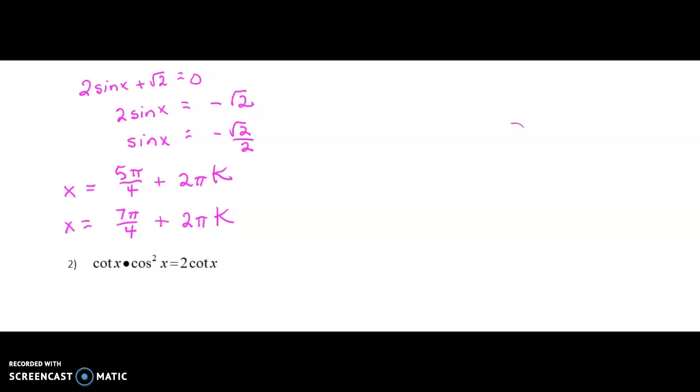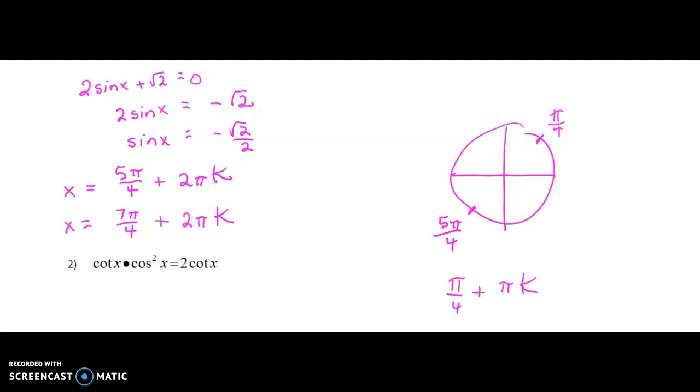Now, let's just say your answers were 180 apart, like pi over 4 and 5 pi over 4 were the two answers. Then you could take pi over 4, and instead of adding 2 pi k, you could just add pi k. 5 pi over 4 would be the next one.